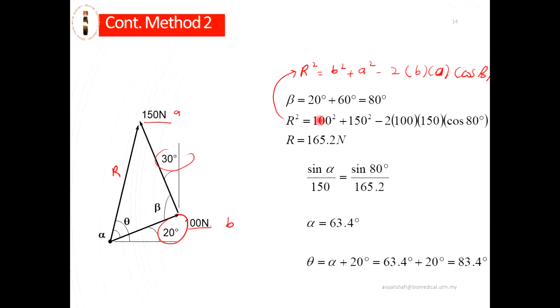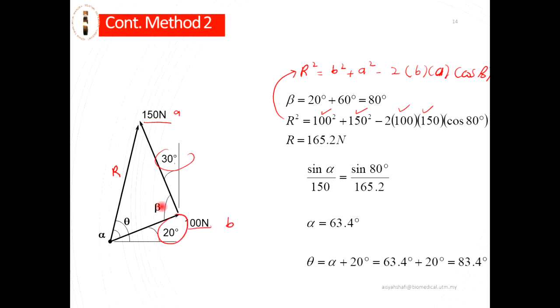So you already have B 100, and then you have A 150, and you have the angle here. The angle that is opposite to the R is beta. This beta you need to measure based on trigonometry, because you have 30 degrees here and 20 degrees here.